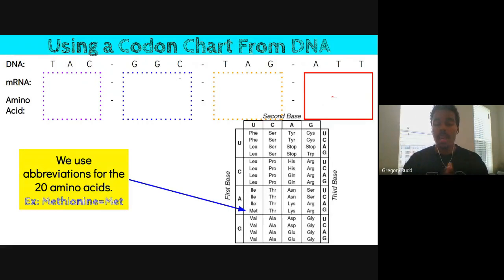All right. So we want to put it all together now. Yesterday, we talked about transcription. We transcribe from DNA to mRNA. And today, we've introduced translation, where we translate from mRNA to amino acids. So we want to do both of those things here.